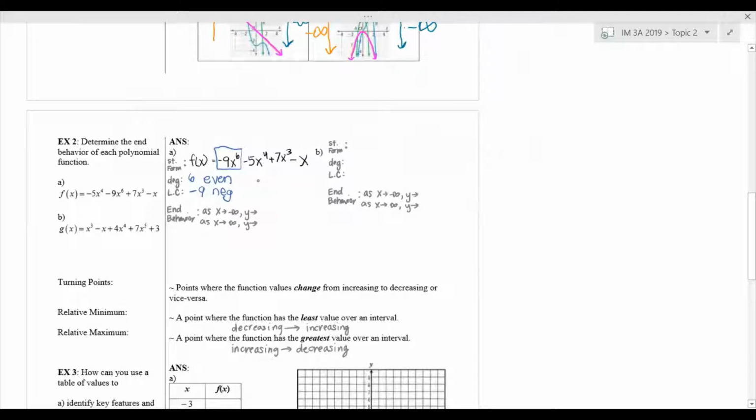Okay, so it's pointing down on the left and down on the right, which means that as x approaches negative infinity, right, this represents the left, y is also approaching negative infinity. And then as x approaches positive infinity, which is the right, y is approaching negative infinity. Okay, so this statement is the answer to the question. I just needed standard form, the degree, and the leading coefficient to answer it.